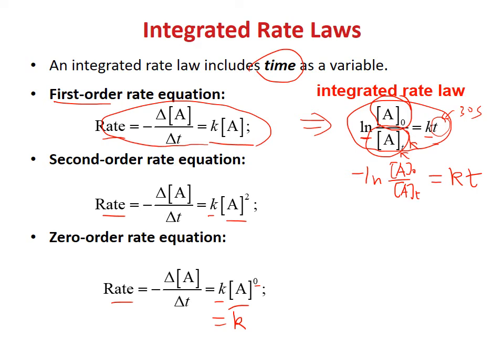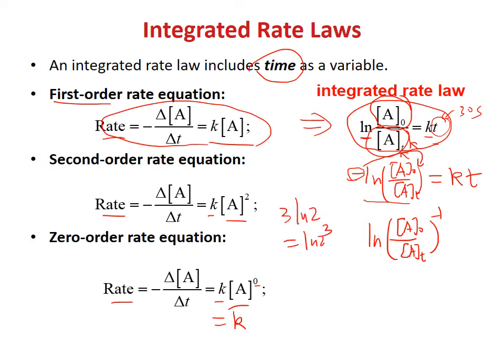Now on the left side, the negative coefficient can go here as a power. So you have natural log AT to the negative power. For example, if you have 3 ln 2, it equals ln 2 to the third power. So this goes as a power.